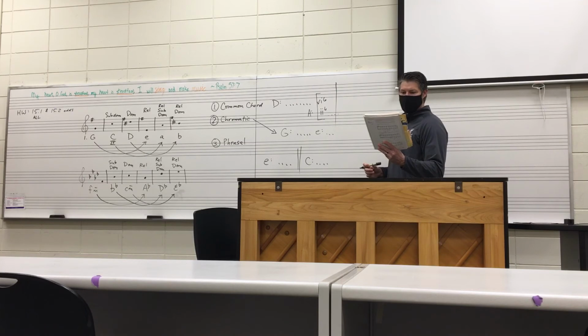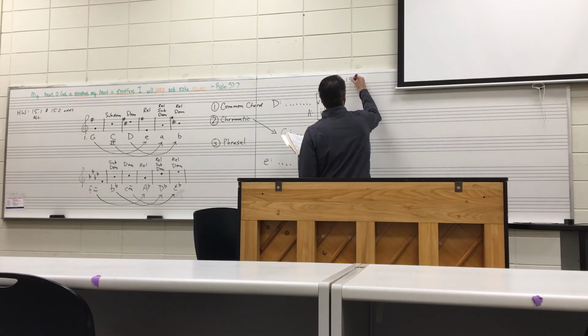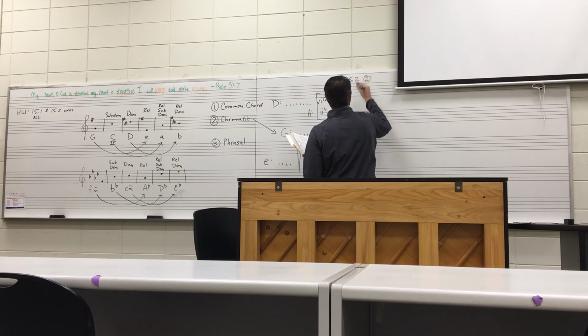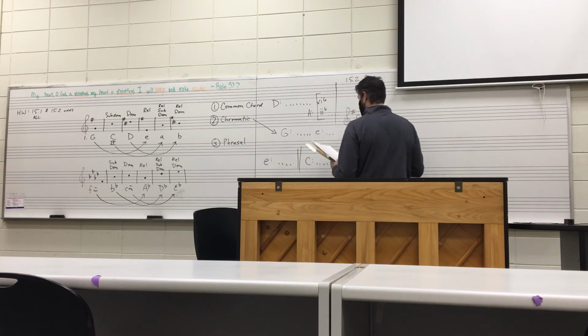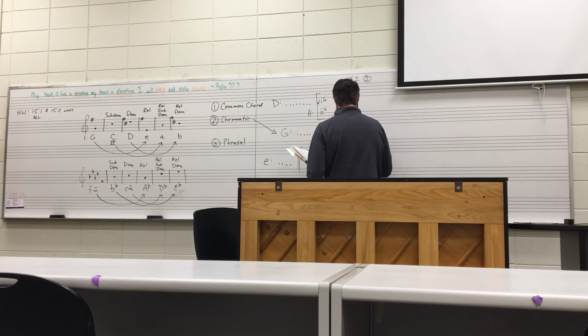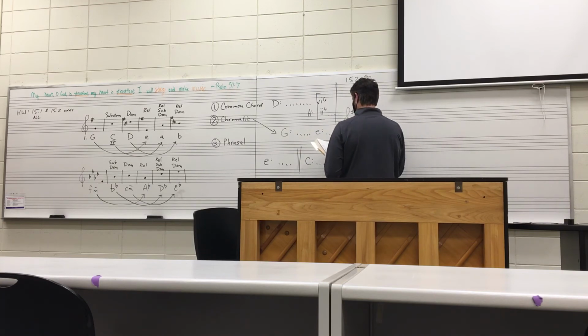Here is 15.2, number 2. I've got one sharp in the key signature, common time. And then if I analyze these real quick, I see that I start with a G chord.